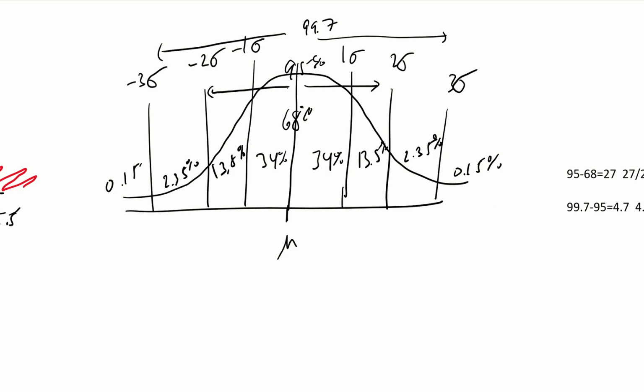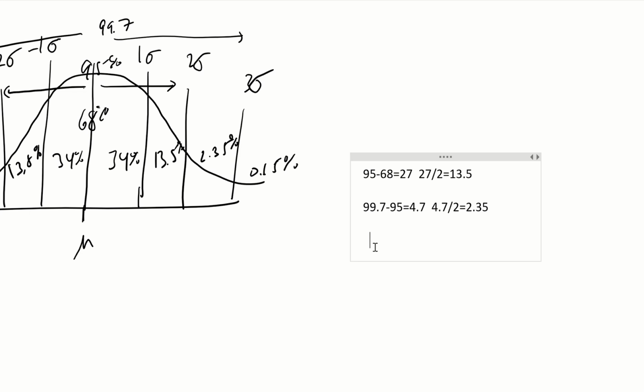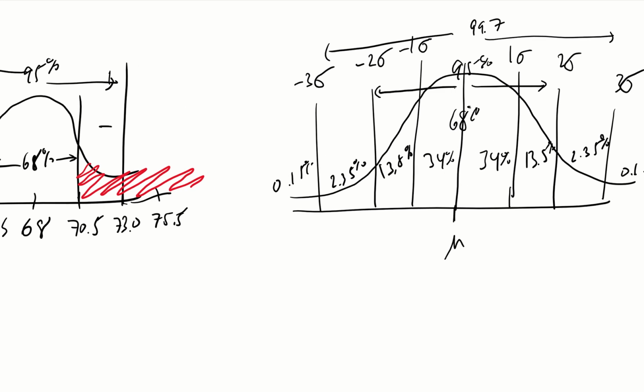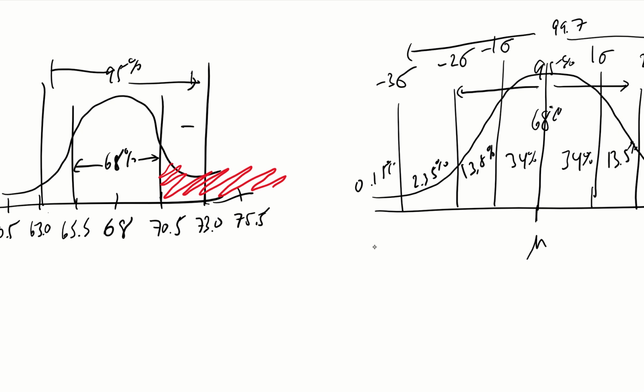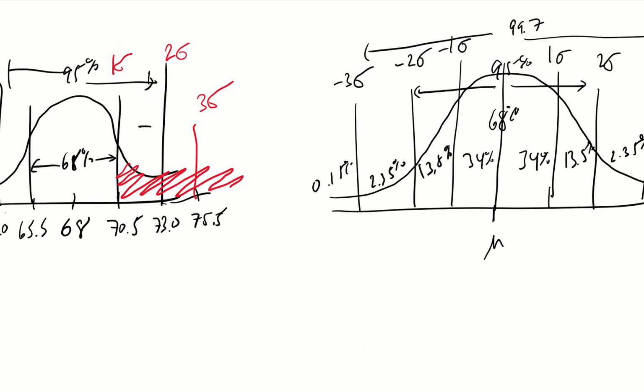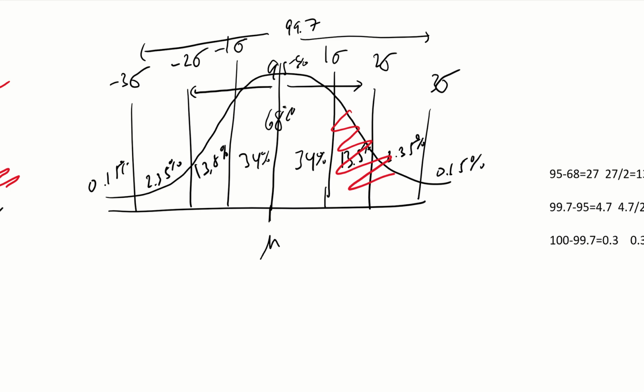How do I know that? Well, because the whole thing is 100%. 100% minus 99.7 is 0.3, and 0.3 divided by 2 is 0.15%. Now we want greater than, so we're going from 1 standard deviation, 2, 3. We're going beyond 1, so we're going from here to there.